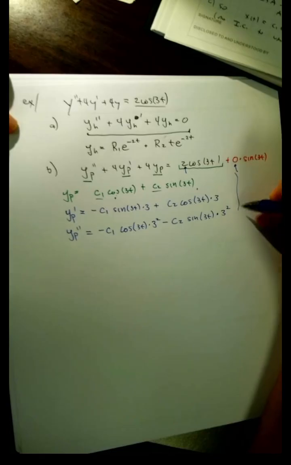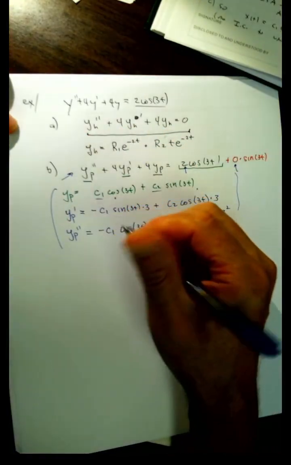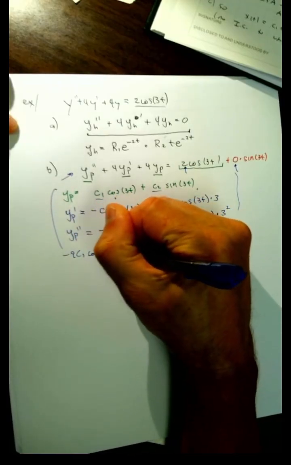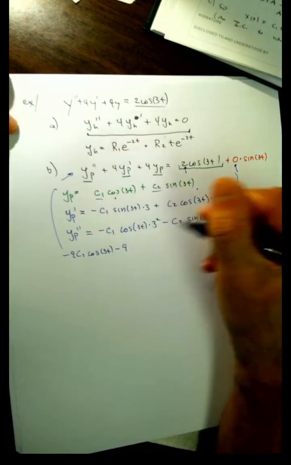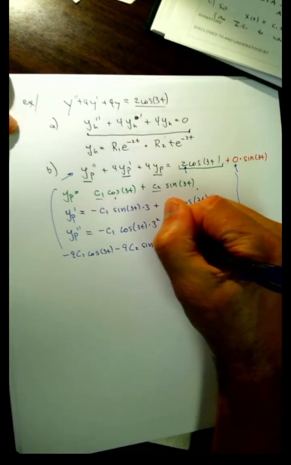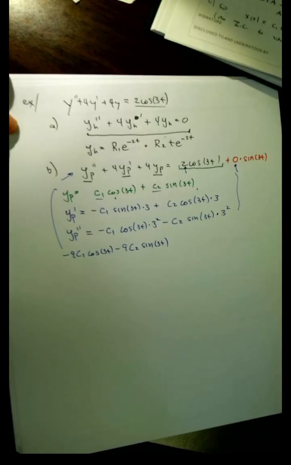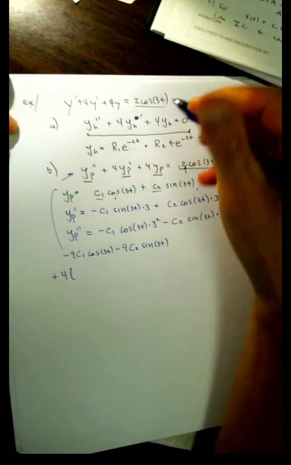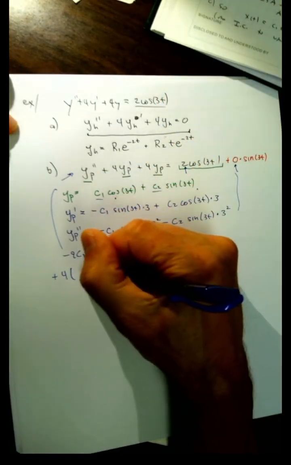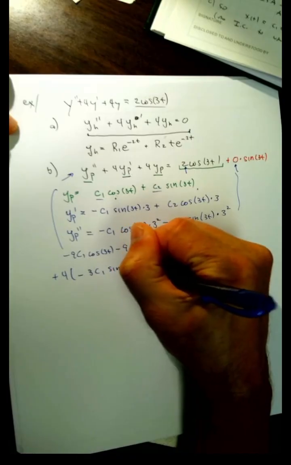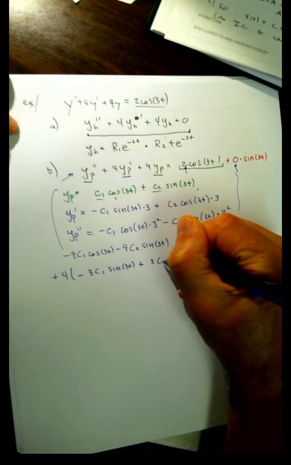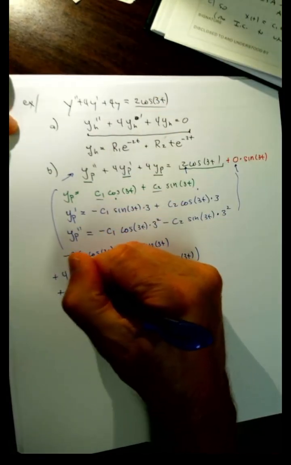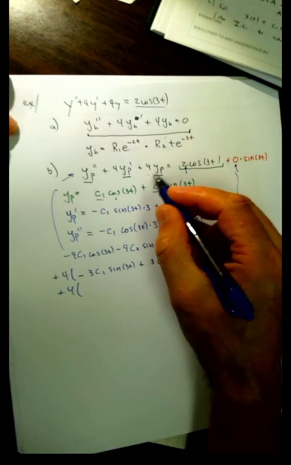So I'm going to take that and plug it in here. So y double prime, I'm going to have minus 9c1 cosine of 3t, and then minus 9c2 sine of 3t. Now I'm going to have to add 4 times y prime, and just reading that straight off, this is minus 3c1 sine of 3t plus 3c2 cosine of 3t, and plus 4 times y here.